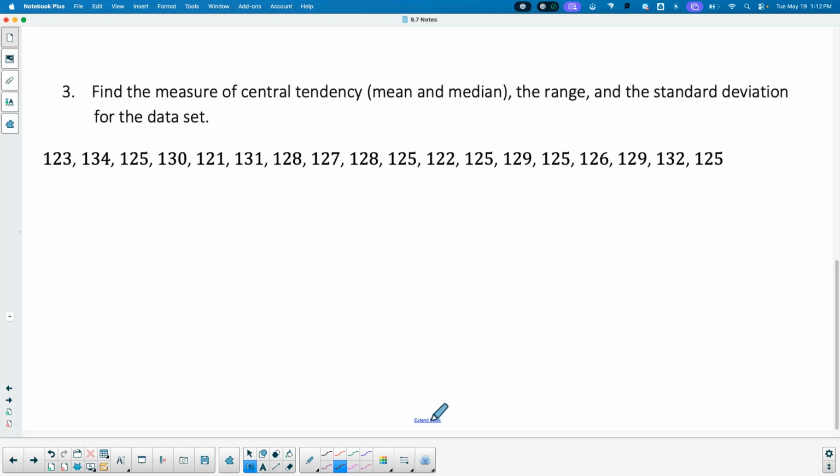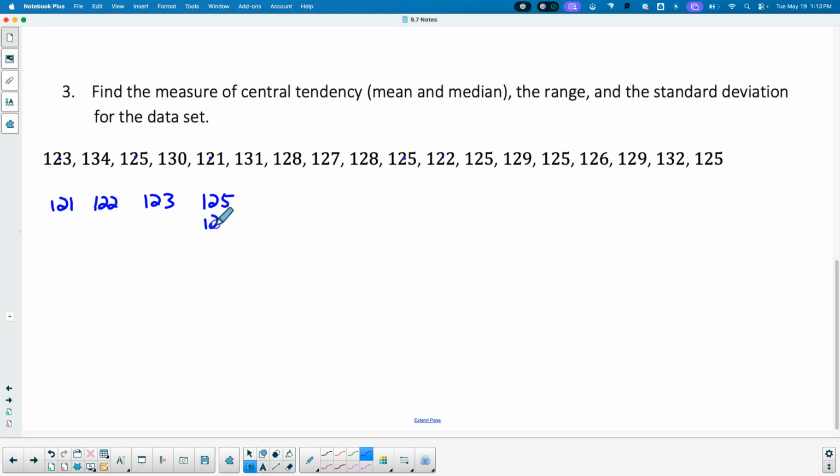Let's see, we got a 121. 122. 123. Let's see any 124s. 125.